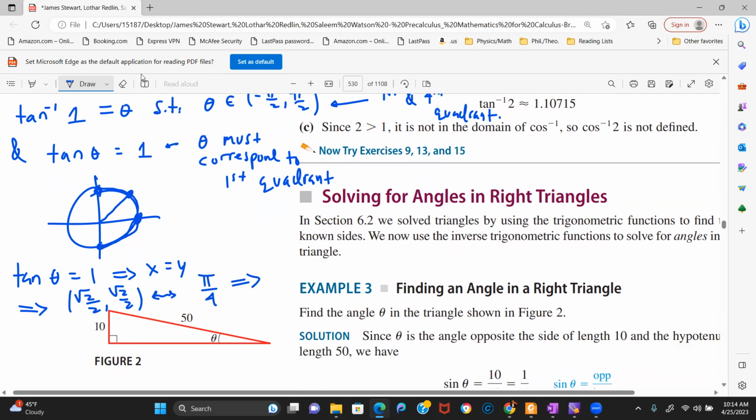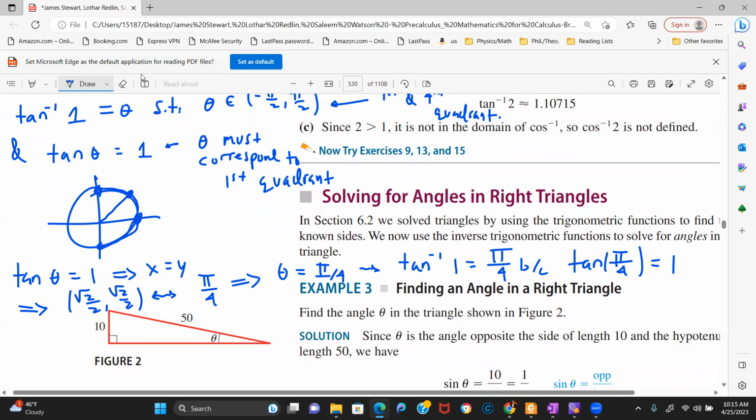So it just implies that theta has to be pi over 4. So that implies that tan inverse of 1 is equal to pi over 4, and that's because when you take tan of pi over 4, you get 1.